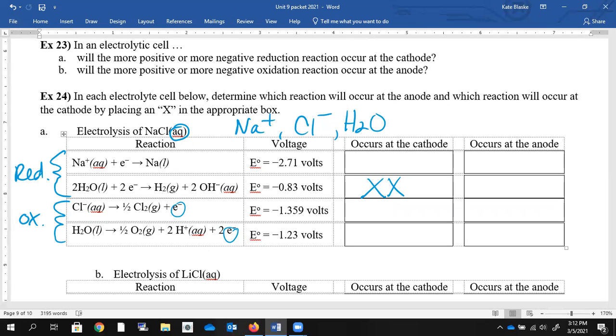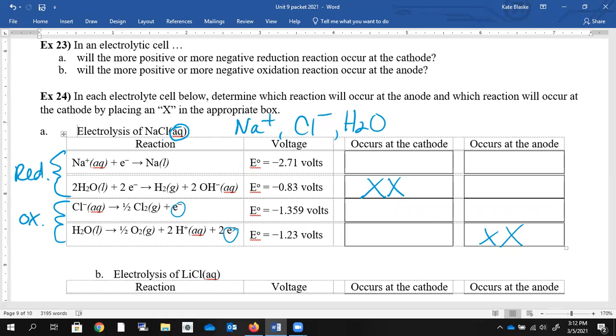So they are really close, but this one is slightly more positive. So if I just put salt into water and I run electricity through it, I'm not going to form liquid sodium or chlorine gas, which is kind of a good thing because otherwise we would all die anytime lightning hit a lake or the ocean.